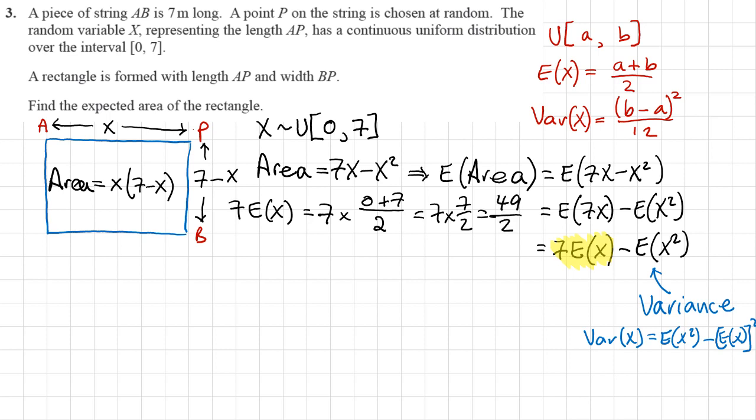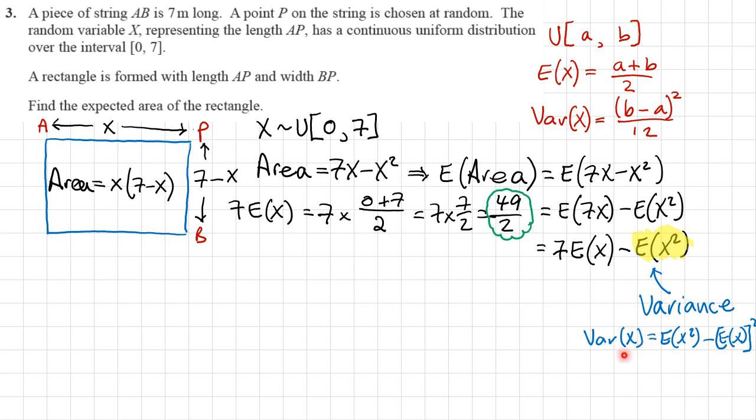Okay, so that's our 7E of X part. Then we'll move on to the second part, which is subtracting the E of X squared. I'll highlight this answer because I will need that toward the end.